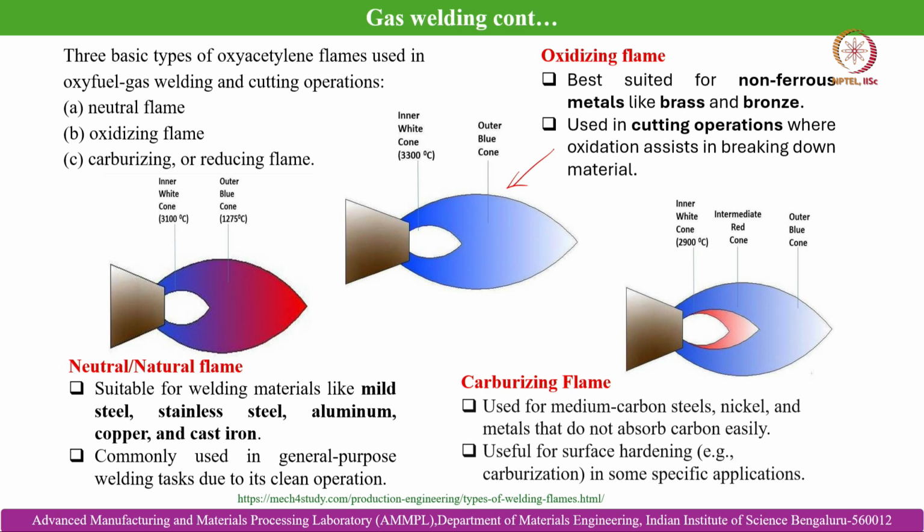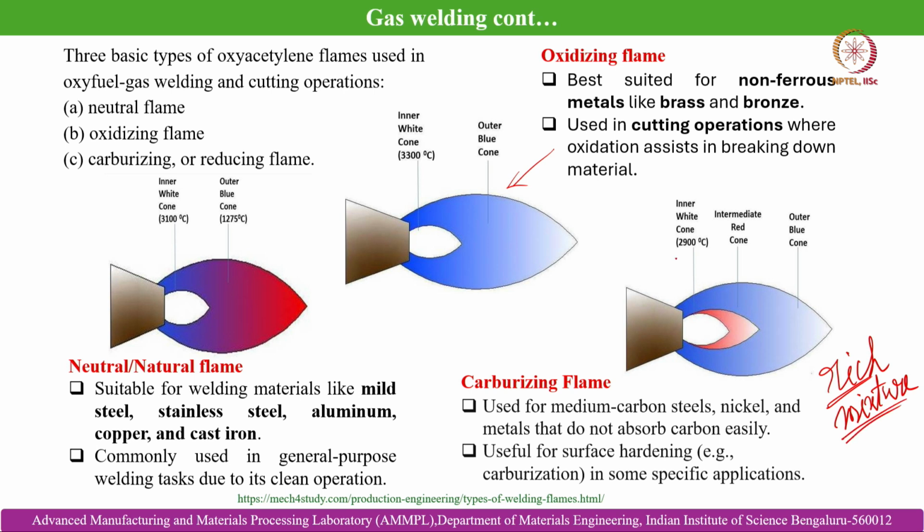And then the third variant is the carburizing flame, which is generally only used for carburizing purposes, because it is a kind of flame where the fuel gas is richer. So, we are talking about a rich mixture of fuel and oxygen. Here the fuel content is more and the oxygen content is lesser, and accordingly the temperature is lesser.